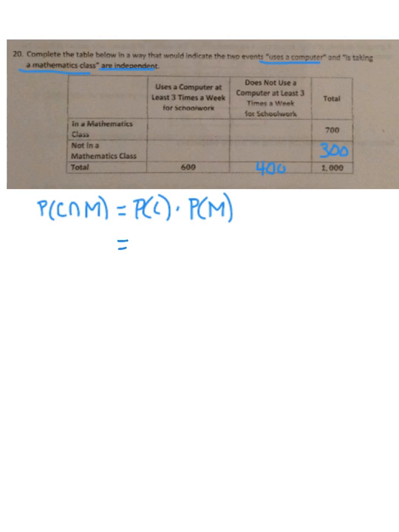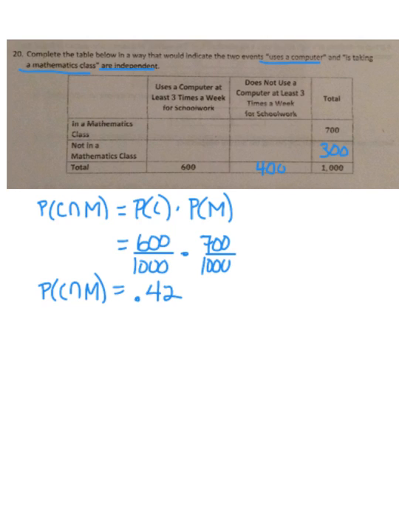So I know that the probability of using a computer, well, that's 600 over 1,000. And the probability of me taking a math class is 700 over 1,000. So when I multiply those two together, I get 0.42. Now they're saying that this is an independent set of events, so that means I know the overlap has to be equal to 0.42.